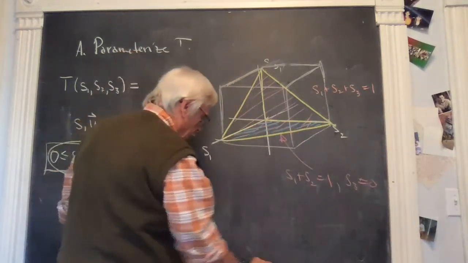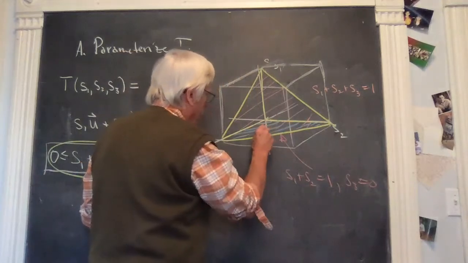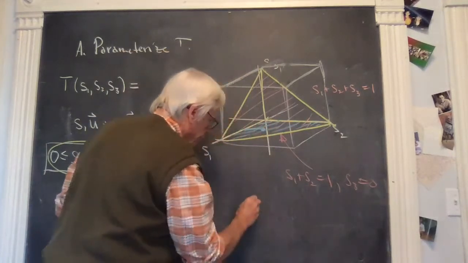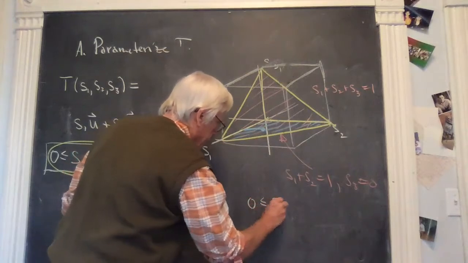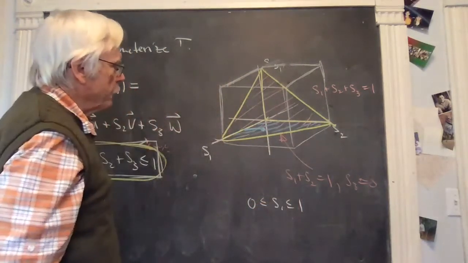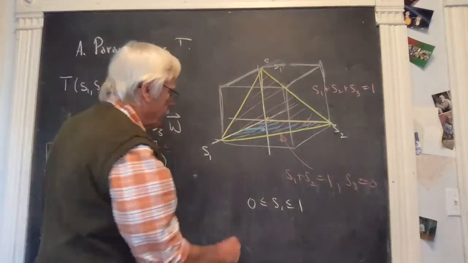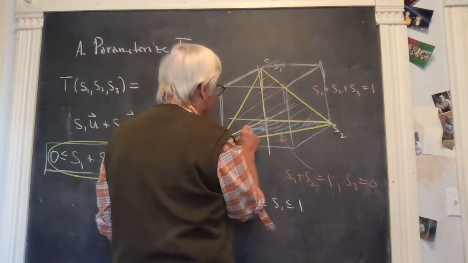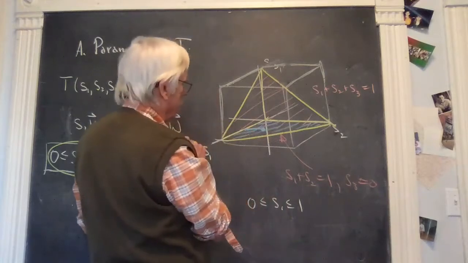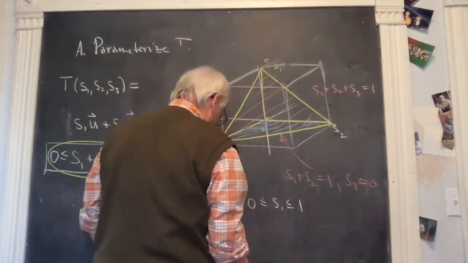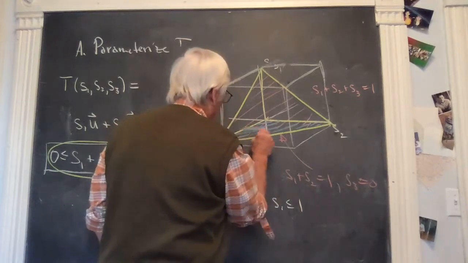Well, in that little triangle, if we take any point of that little triangle, the S1 value must be between 0 and 1. And once you know that, then the S2 value must be, let's see, the S2 value of this was my S1 value.